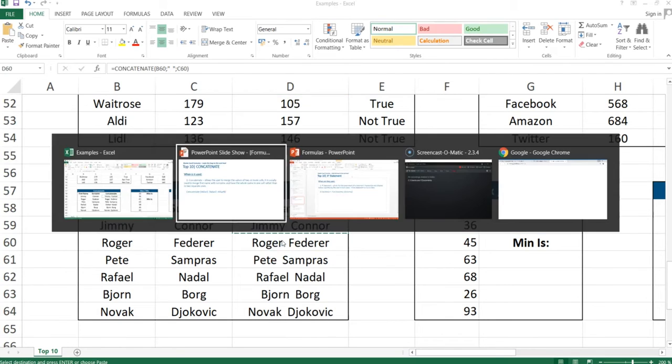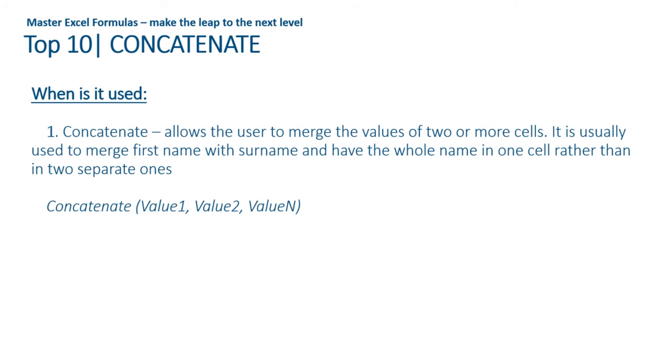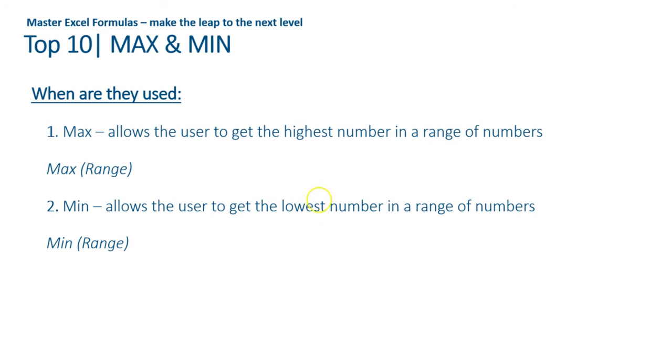Now going back to the slide again, the next set of formulas is MAX and MIN. It's easy to guess what these formulas actually do. The MAX formula allows the maximum value for a specific range to be shown as the outcome, whereas MIN does the same but for the minimum value.